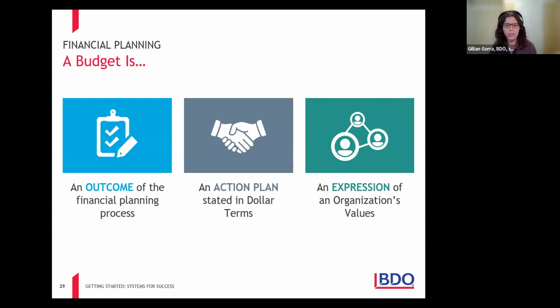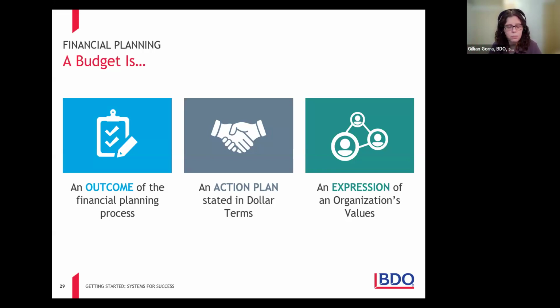So sometimes organizations can have these great aspirational goals. They're really important to them. They believe in them. But when we go and put numbers to it, when we say, okay, how much is it going to cost? How are we going to allocate the resources we have over our programs? And how much money do we expect to get in revenue from our variety of sources? It can really reality test our plans, right? So our budget is our action in dollar terms.